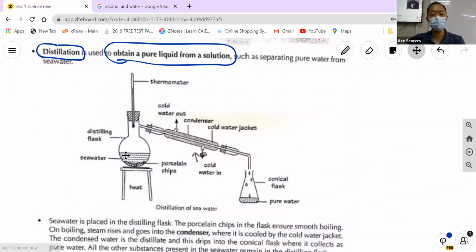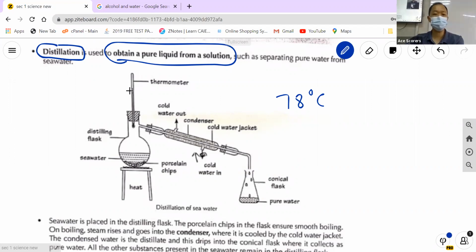If you have alcohol and water, the question is usually which one will come out first? Alcohol. Why alcohol? Lower boiling point. What is the boiling point of alcohol? 78 degrees Celsius. Whichever substance has the lower boiling point will evaporate first. So you evaporate, come here, become liquid, and then come down.